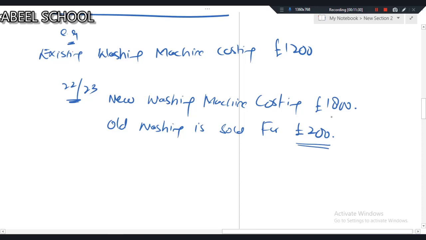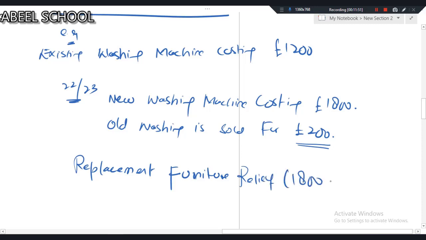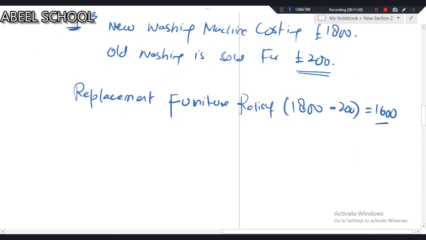So the relief in this small example will be 1600, and this 1600 will be deducted while calculating property income.